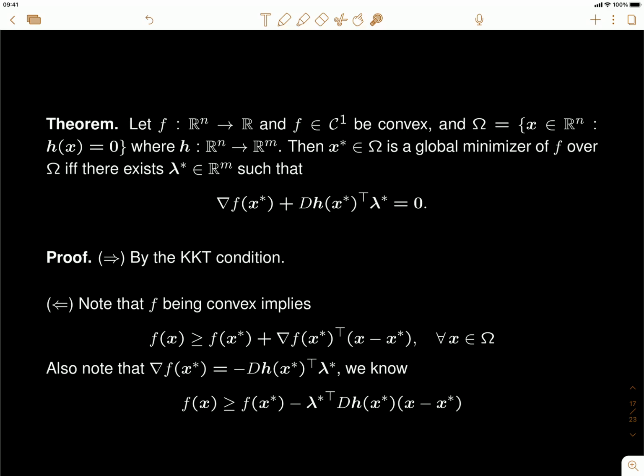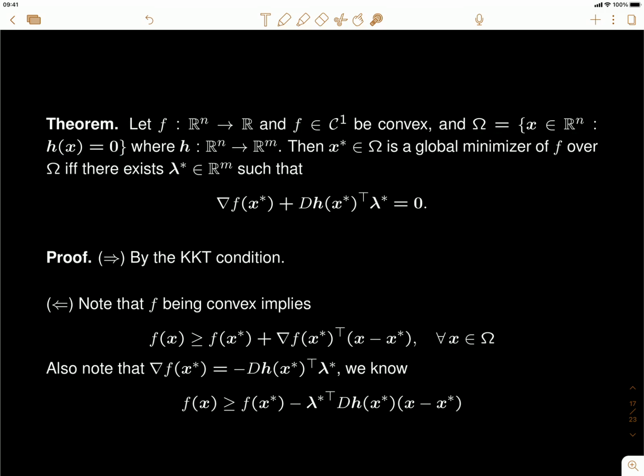So let's start with the theorem. I have a function f, which is C1 and convex. And omega is defined to be the equality constraint set, which is the set of points where h of x is equal to 0.